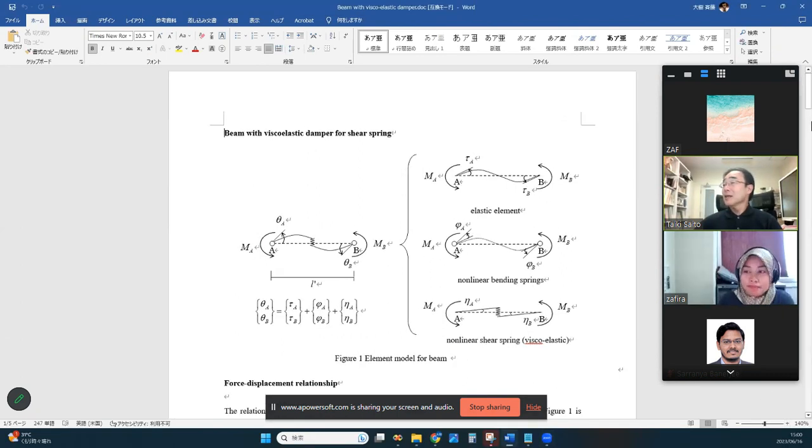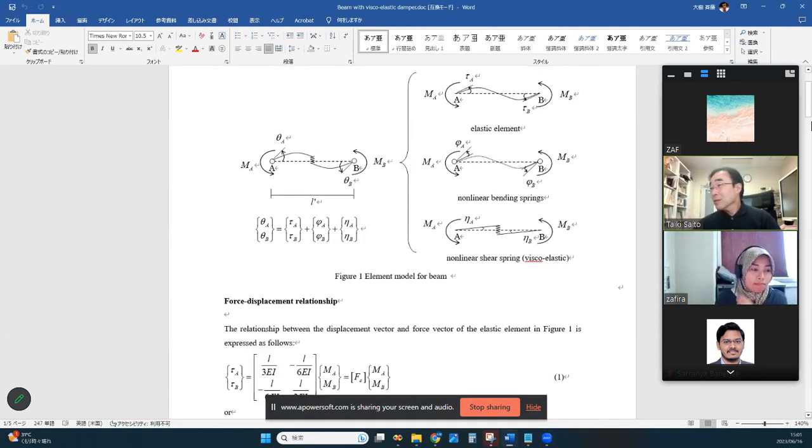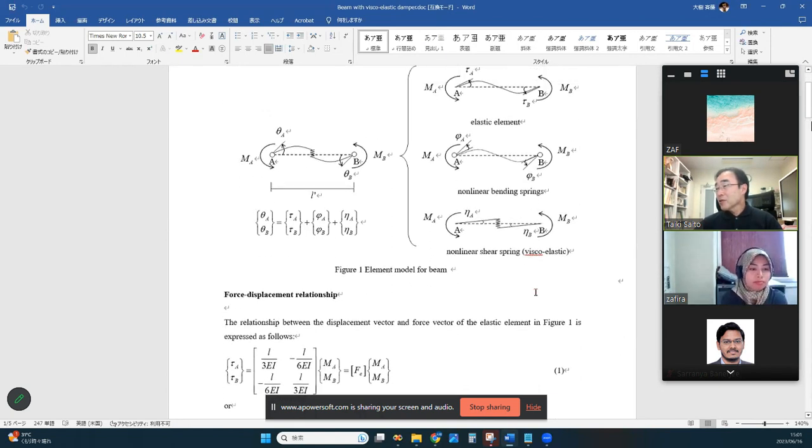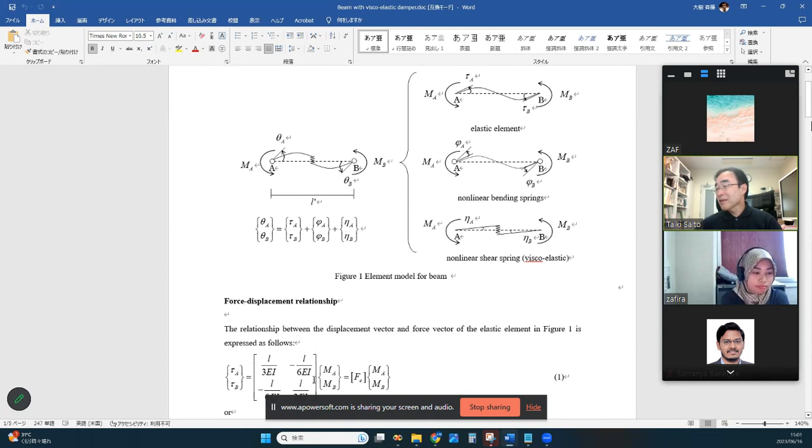The point is, we have a shear spring with a viscoelastic damper. So it is velocity dependent, right? But usually force deformation is force and deformation.